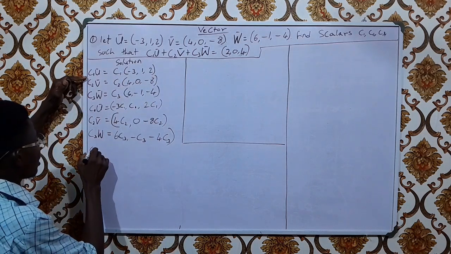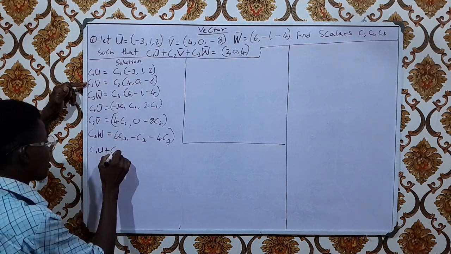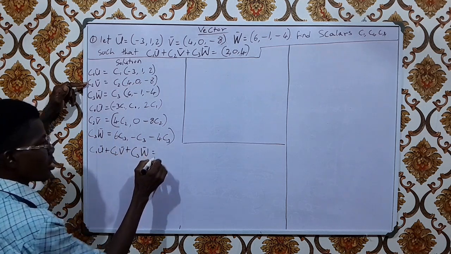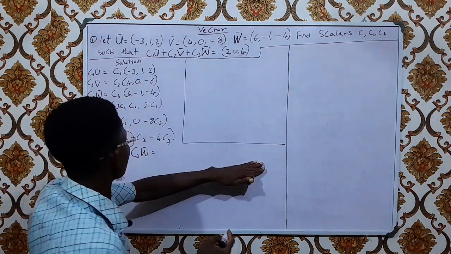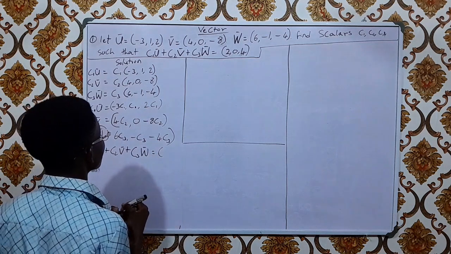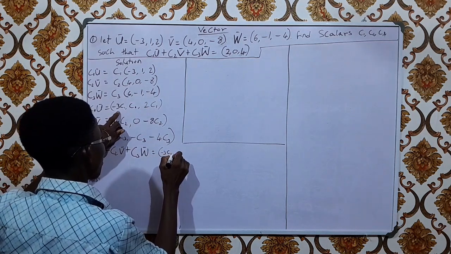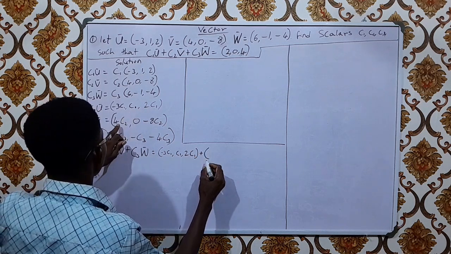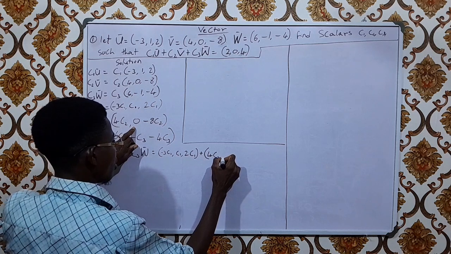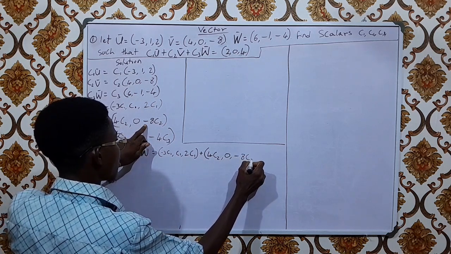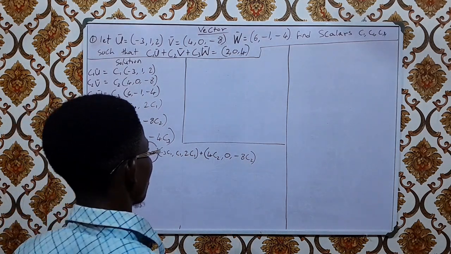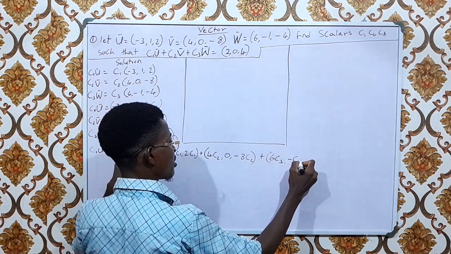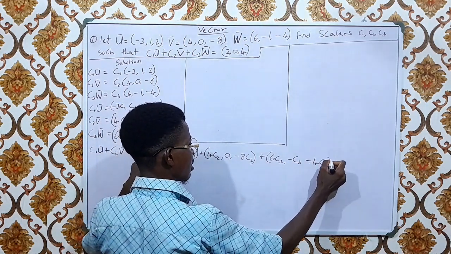So we have that C1 u plus C2 v plus C3 w is equals to (-3C1, C1, 2C1) plus (4C2, 0, -8C2) plus (6C3, -C3, -4C3).